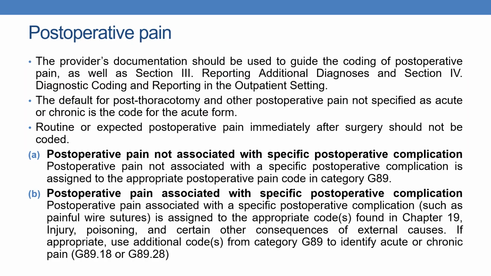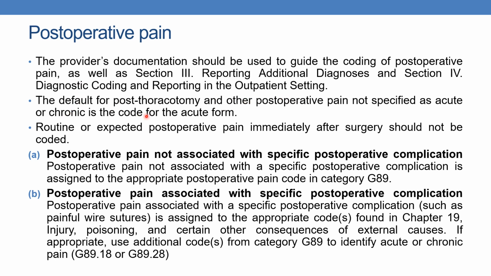Now coming to post-operative pain. The provider's documentation should be used to guide the coding of post-operative pain, and section 3, reporting additional diagnoses, and section 4, diagnostic coding and reporting in the outpatient setting, must be referred to.